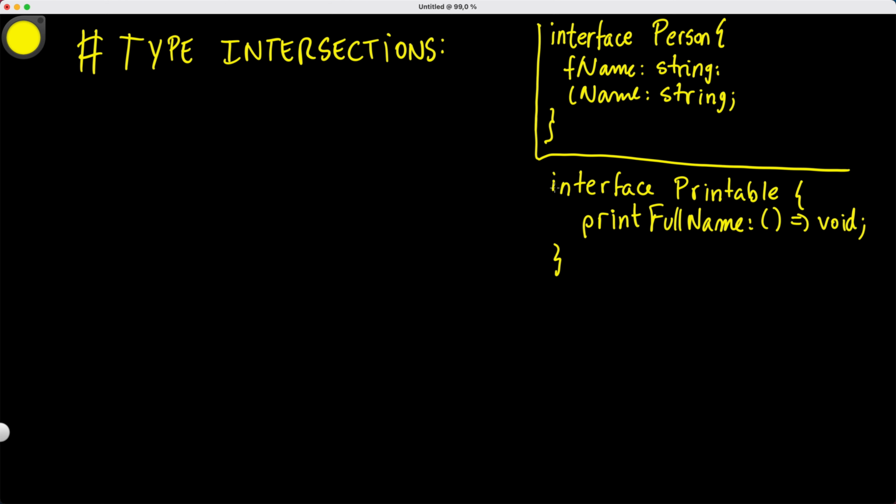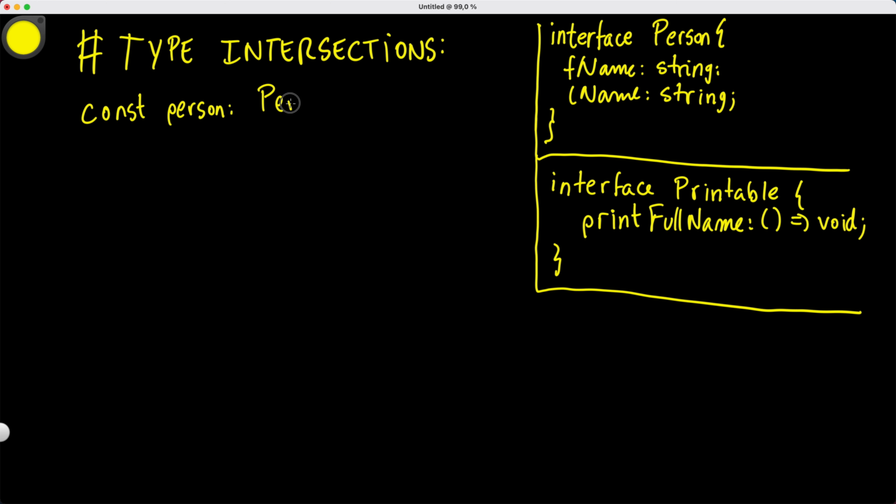And these are the two interfaces that I actually want to use. And let's say that I have a value, a person here, and this person is of type Person and Printable. All right, and then here that would be the actual instantiation of the person.